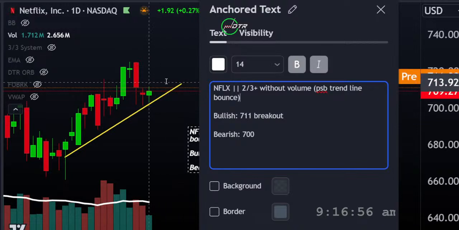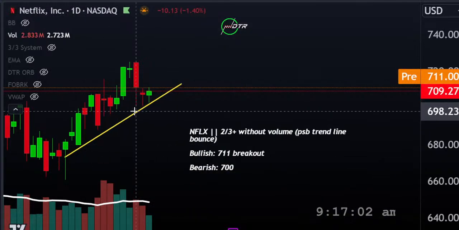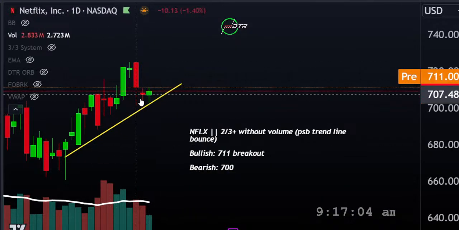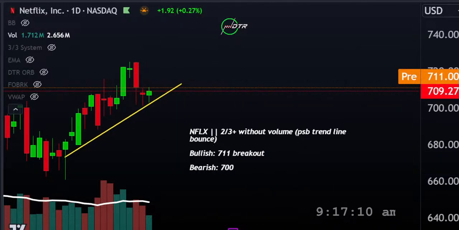Okay, and then we're still looking for that 711 breakdown, right? Or that breakdown here under the 700 barrier. So either use this trend line to act as support or see this trend line fail as an area of support, and then we can get a breakdown and separation underneath.